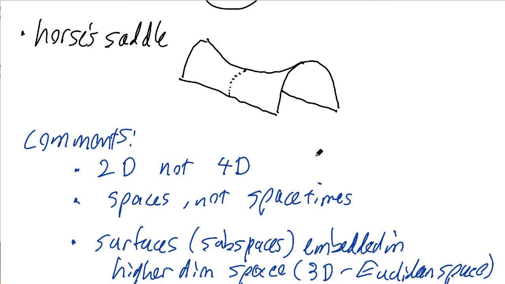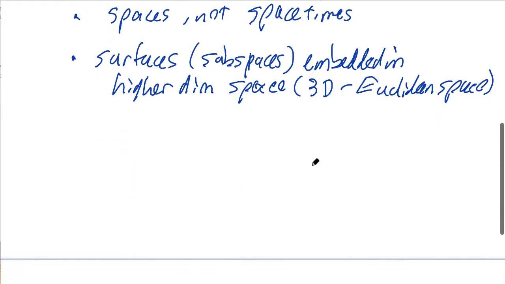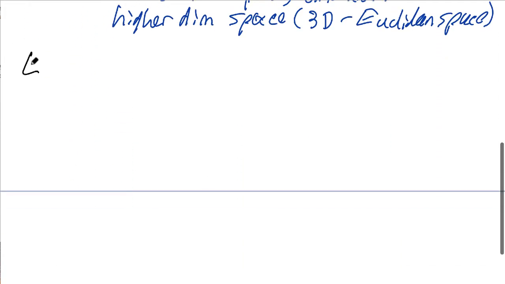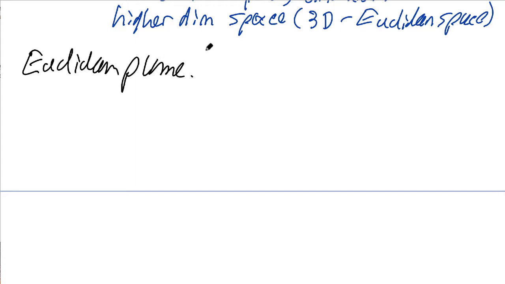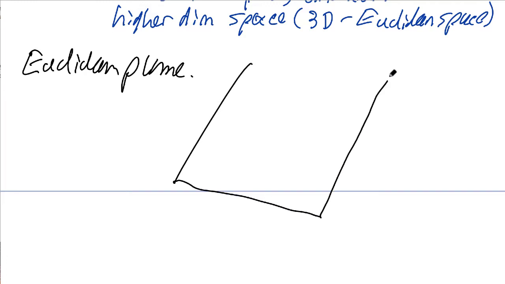Now let's take a closer look at the Euclidean plane. How do we describe the geometry of the Euclidean plane? Well, the geometry satisfies Euclid's axioms. So, for example, parallel lines never meet, and the sum of the interior angles of a triangle equal 180 degrees. I like to imagine ants walking along the surface.